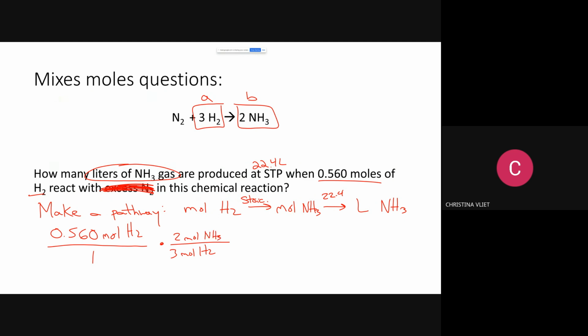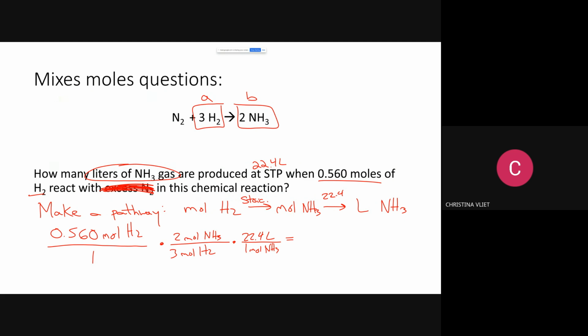Now you have a choice. You can either stop here, get this answer, and then do step 2, or you can do it all in one line. I'm going to once again show both ways. The first way, which is what I would do, is say 1 mole of NH3 is 22.4 liters.